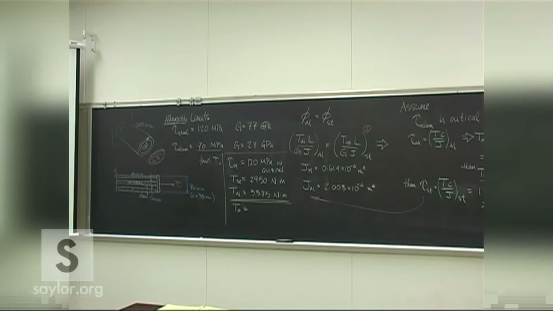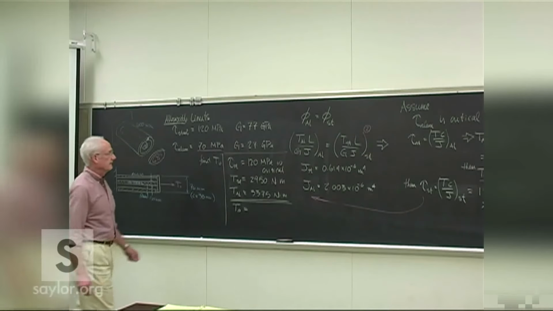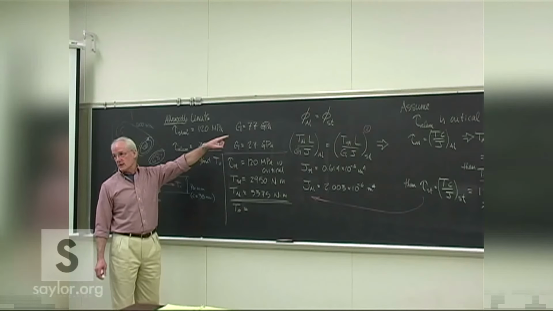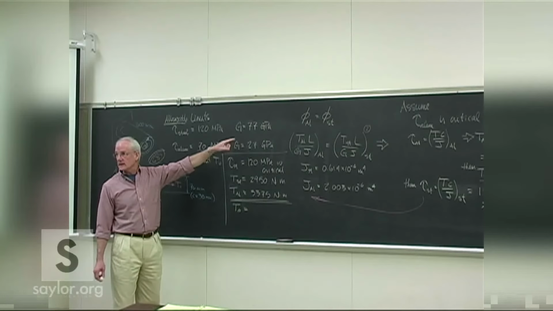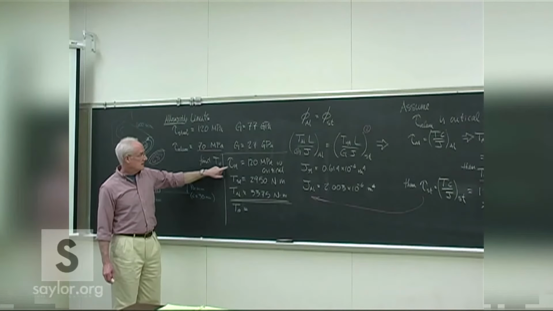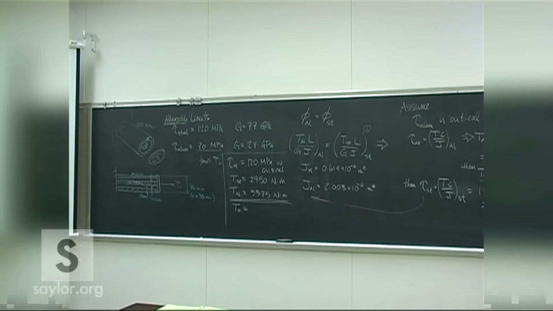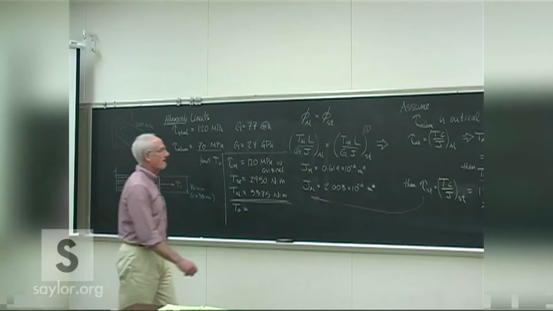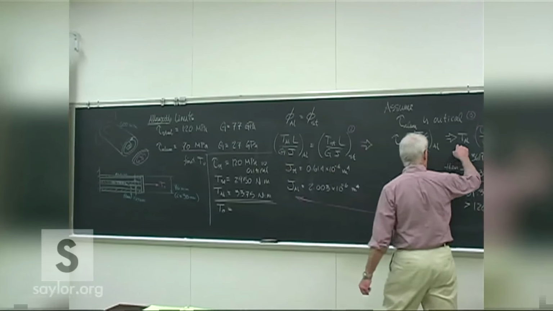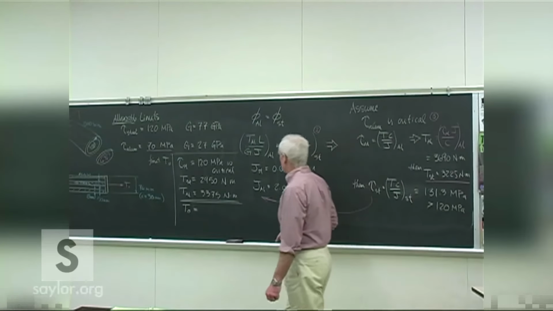What? Where are you? Oh, I see. So it's 120 that is critical. Yeah. We had to pick one, we picked the wrong one. Of course, I did that by design, so you could see how to recognize that your assumption's wrong. So you go back and calculate through the same steps we did here, the 70.